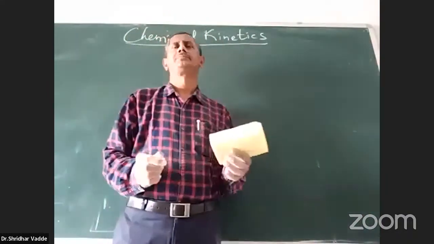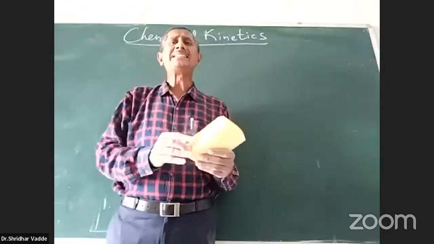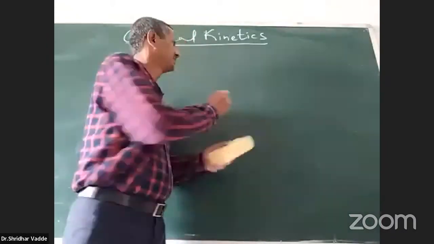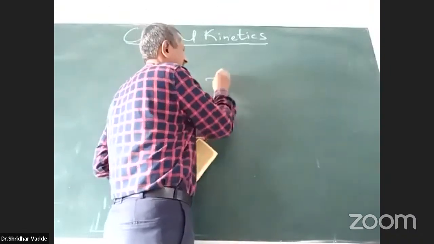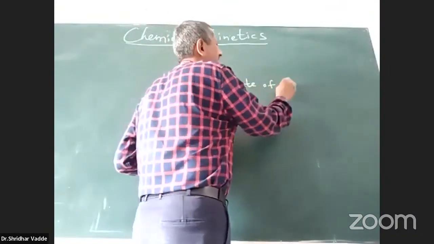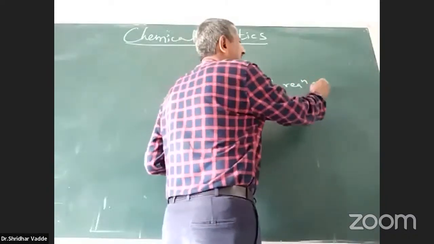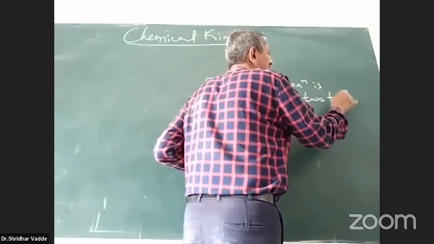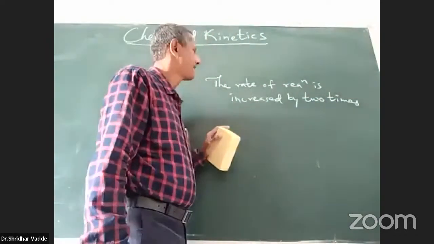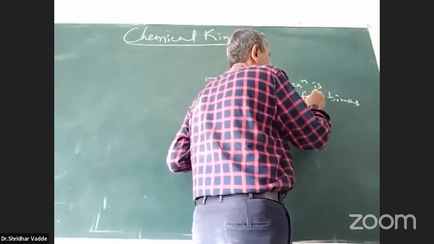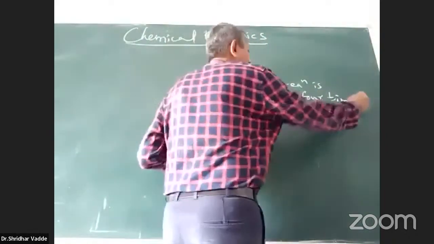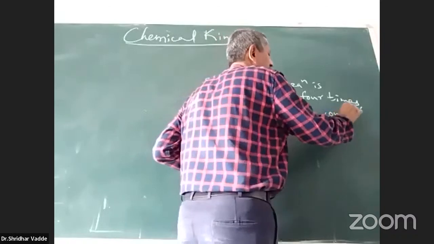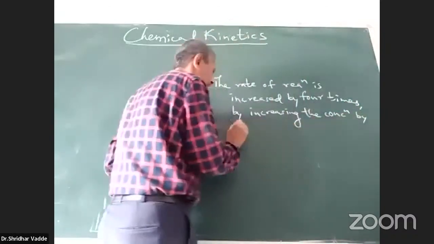To the reaction. By increasing the concentration of a reactant by 2 times, the rate of reaction is increased by 4 times.